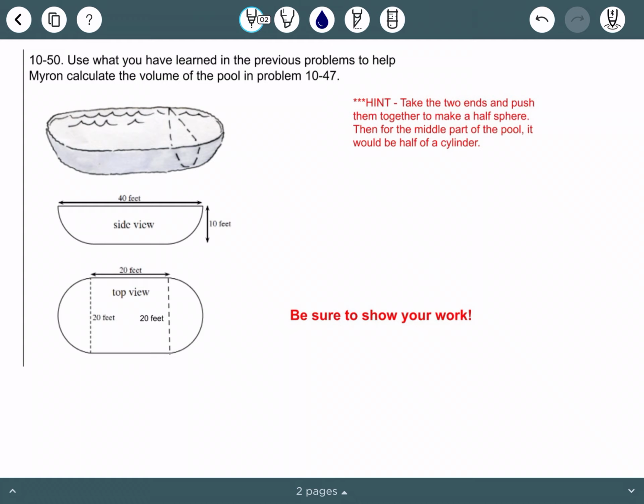So let's go ahead and start with the volume of a cylinder using what we know. Now remember, our shape is half of a cylinder. So we want to take half of whatever it is when we find the volume of a full cylinder.